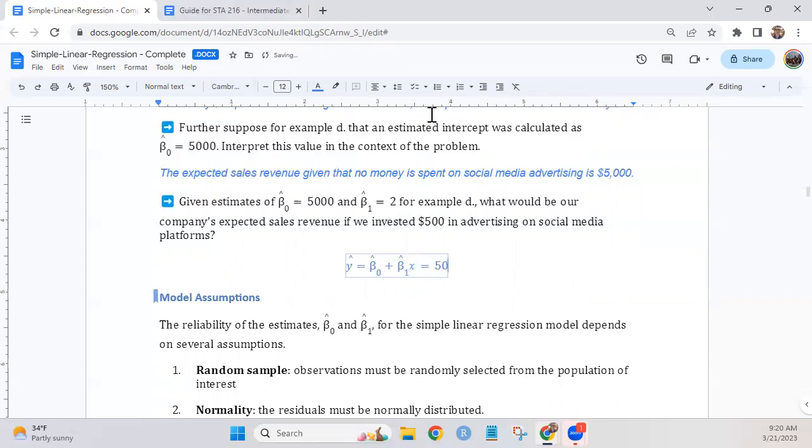Okay, so whenever I get a predicted value, I try to write out the equation like this. I think it's helpful to be organized.